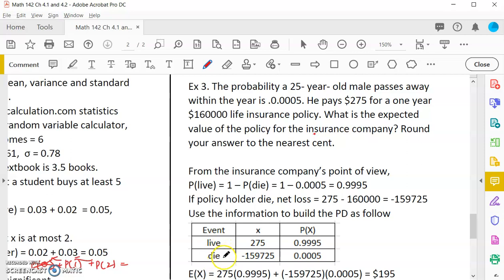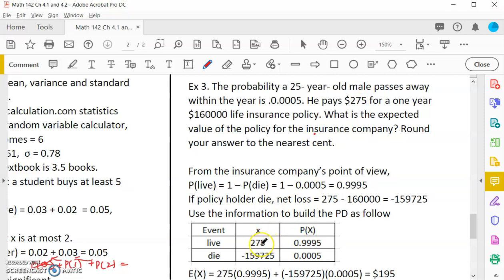If the person dies, the insurance company loses a lot of money, kind of like a fire. If you buy fire insurance and there is a fire in your house, the insurance company loses a lot of money. But if you don't die, you live on, then the insurance company keeps your whole insurance premium, which is $275.